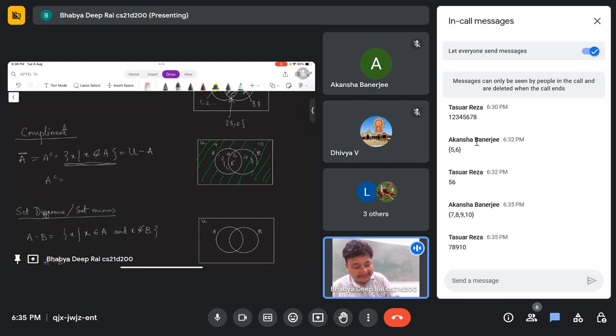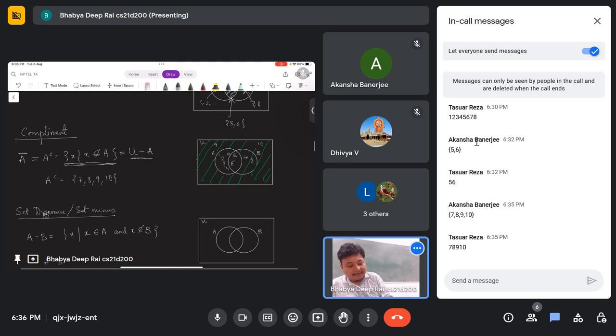So whatever is in the green shaded area are 7, 8, 9, 10, right? So A complement is simply 7, 8, 9, 10.